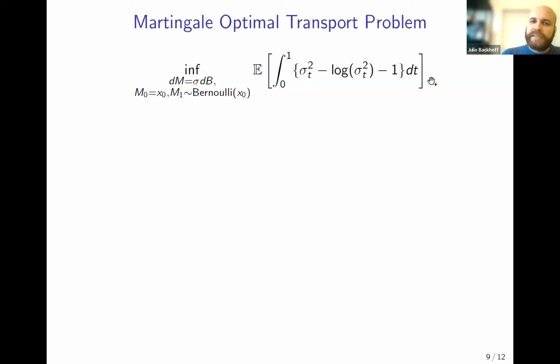So this shows that this is some sort of a stochastic control problem. Yeah, you're controlling sigma, but there is a distributional constraint at time 1. So that makes it not completely standard. Okay. So this is the problem that we would like to solve. It's a very particular case of what's called martingale optimal transport in continuous time.